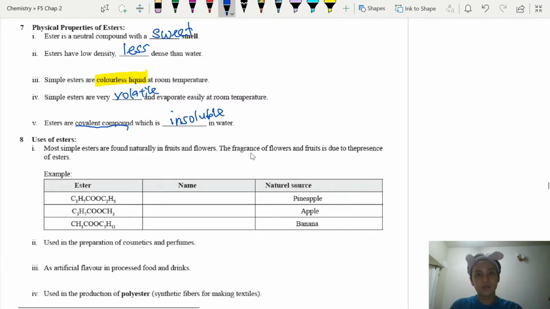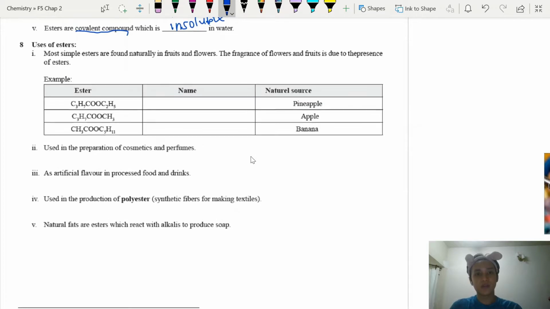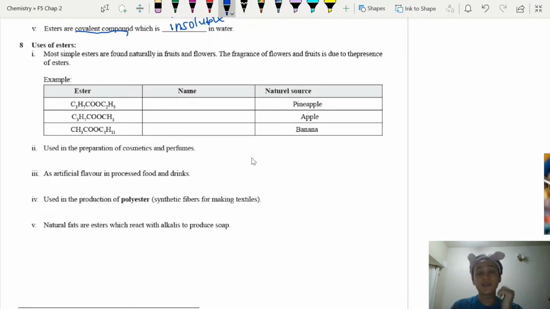Now the uses. You need to be careful in your SPM. Normally nowadays the trend of questions is that they use examples in your daily life. They focus more on the uses of the ester, and from there they construct their question.